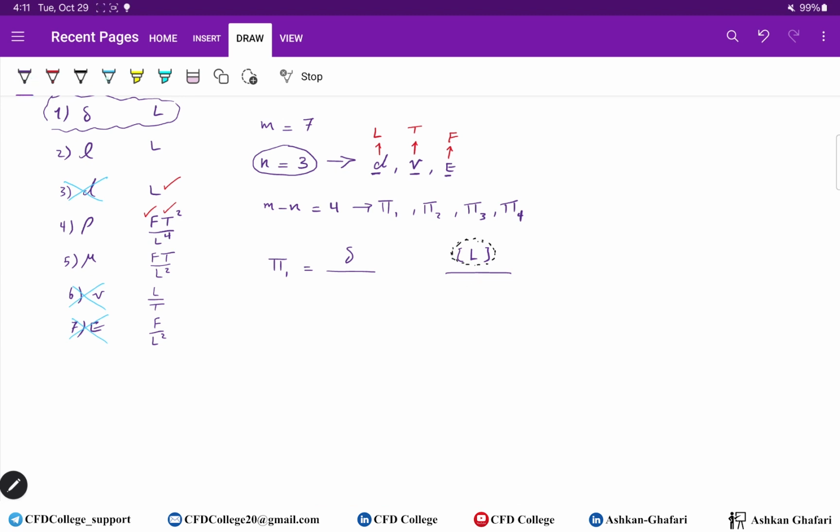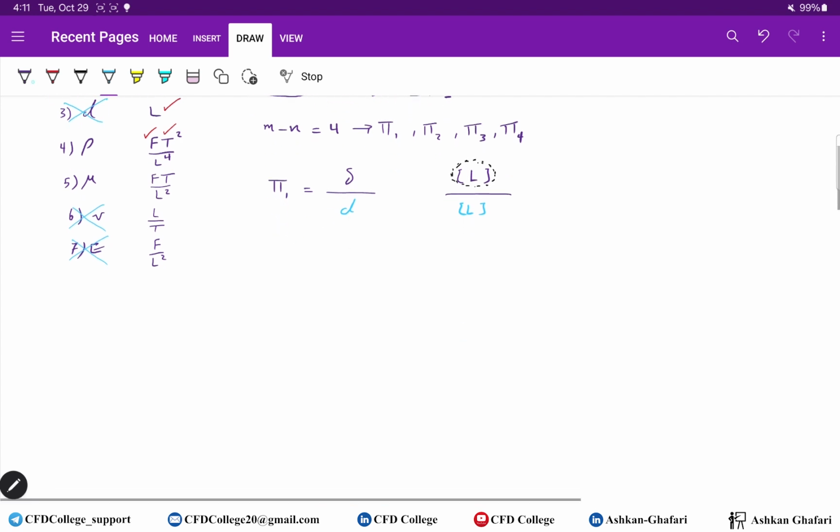So now in this problem, it's easy. D has the unit of length, so if I want length here, I can easily put D in the denominator. So the first one now is determined. Pi 1 equals delta over D.